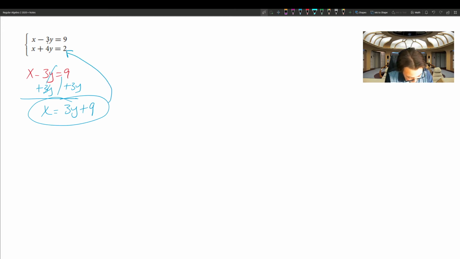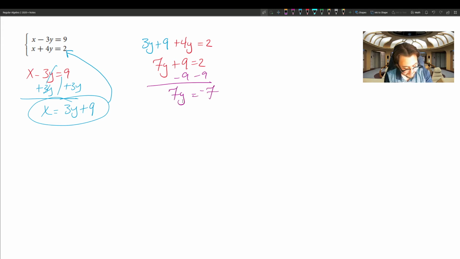So my x value is 3y plus 9, and the rest of the equation was plus 4y equals 2. So you can see how I took this and plugged it in where the x was in this equation. I'm just going to combine my like terms. 3y plus 4y is 7y plus 9 equals 2. I'm going to subtract the 9, and we'll get 7y equals negative 7. Divide by my coefficient, 7.